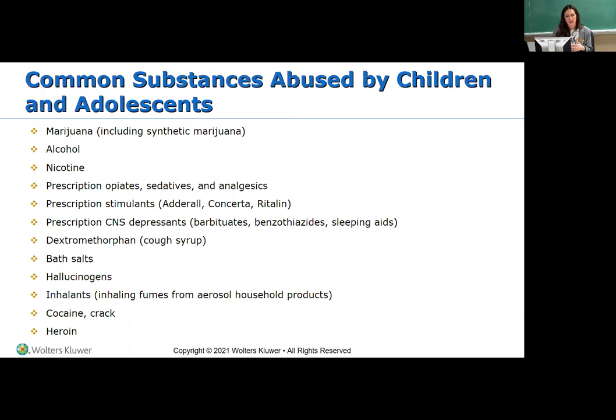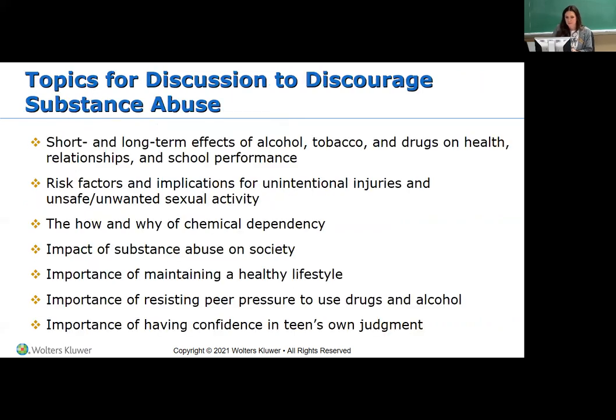Of course, cocaine and crack and heroin, methamphetamine, and bath salts are starting to become a little bit more prevalent too. So these guys need education on what happens to their body when they're using it, and then hopefully they won't use it. They're going to be around this, most likely.